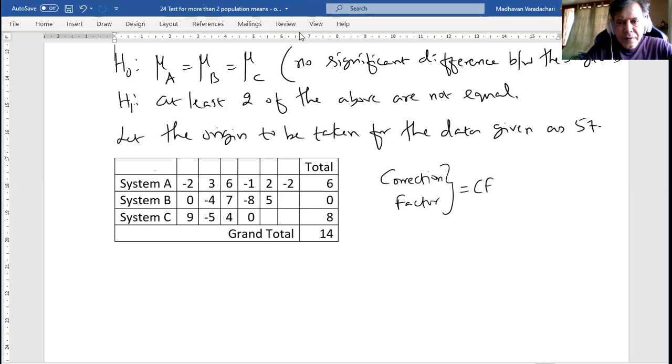Shortly CF, that is nothing but grand total square divided by the number of observations.